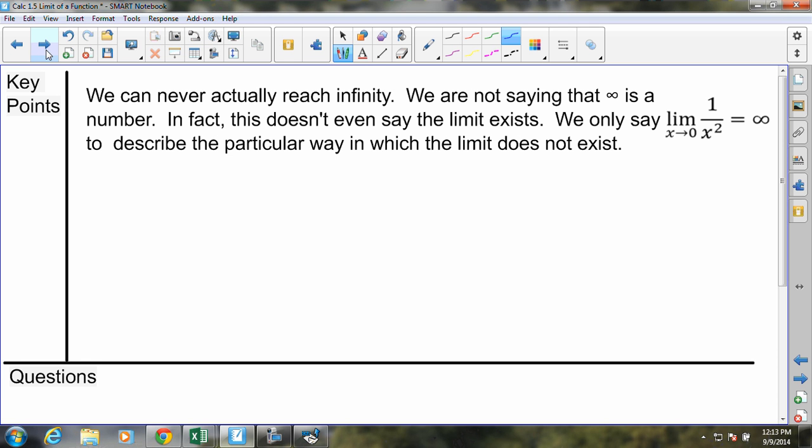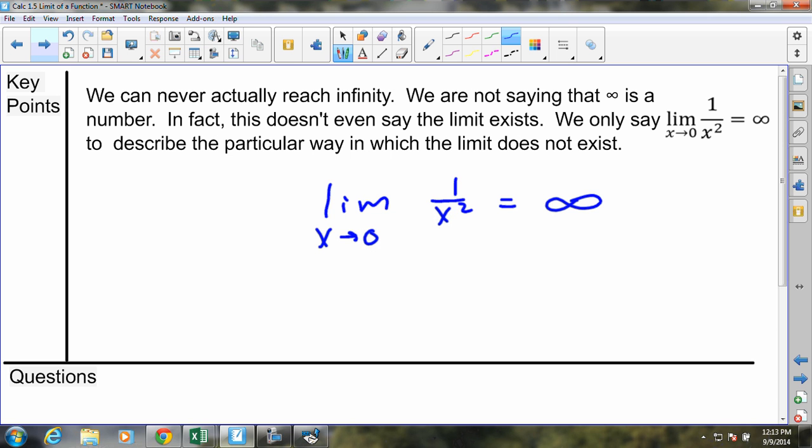Even if we say limit as x approaches 0 of 1 over x squared equals infinity, this notation does not say the limit exists. If you have a limit that starts flying up towards infinity or flying downward to negative infinity, the limit still does not exist.